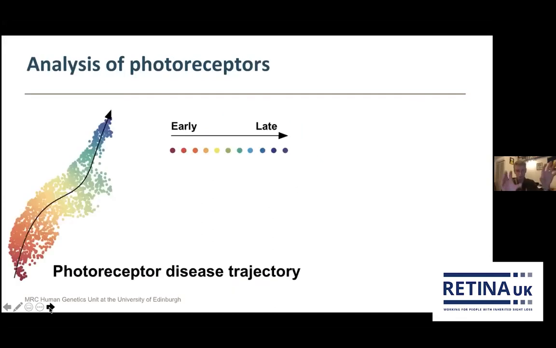And what I'm showing you here then is just a blown up version of every single photoreceptor cell that was harvested in the experiment and was analyzed. And we can look not just at the rhodopsin RNA, but at the levels of every single gene that it's been making. And we can analyze the photoreceptors, and we can see a disease trajectory, because the photoreceptors make up 4 different clusters.